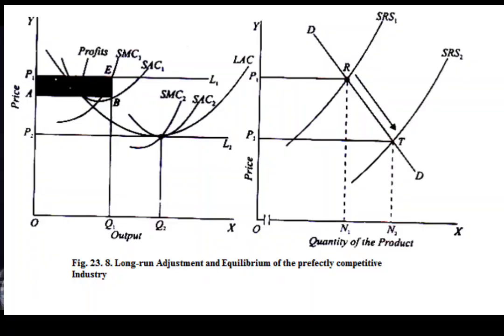The long-run equilibrium of the industry is depicted in Figure 23.8, in which in the right-hand panel, the demand curve DD and short-run supply curve SRS of the industry are shown, which intersect at point R and thereby determine the price OP1.